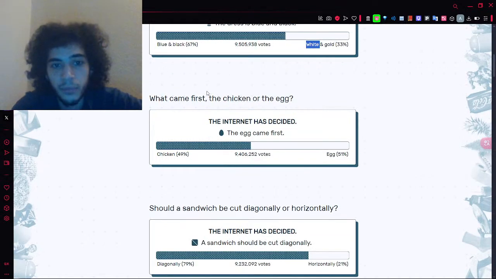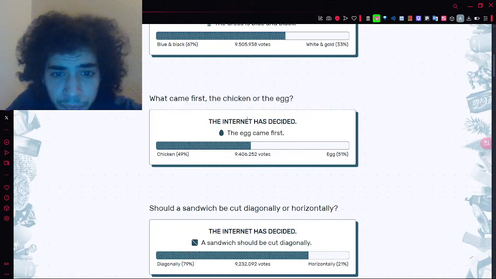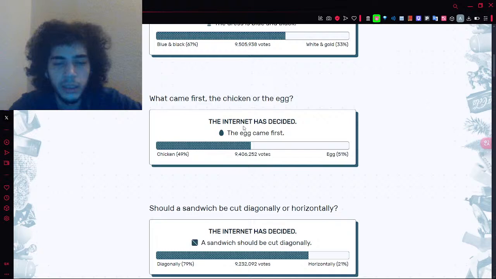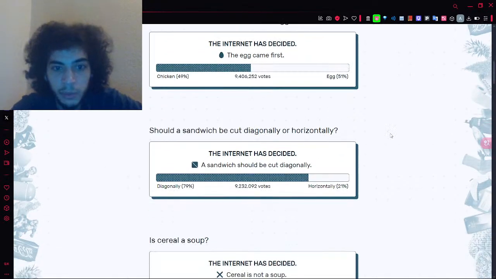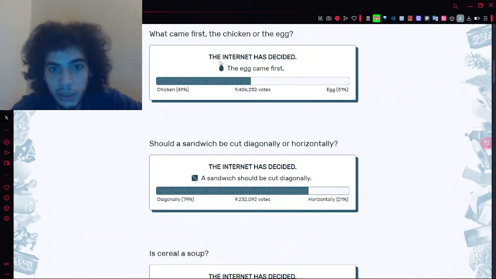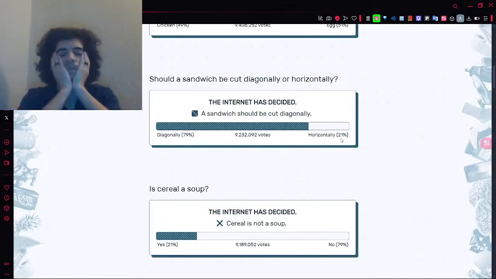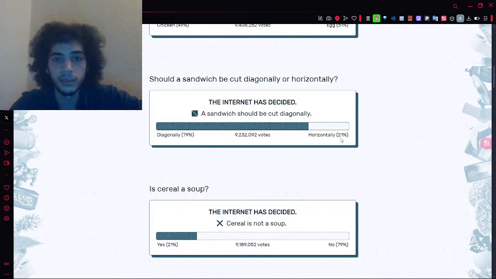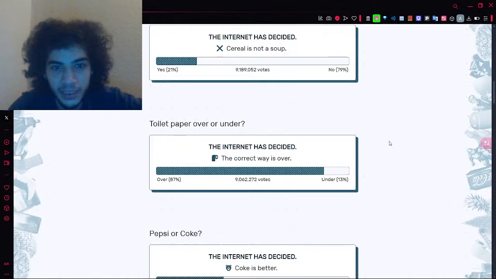Okay. What came first, the chicken or the egg? Um, the chicken, maybe? Should the sandwich be cut diagonally or horizontally? I'm not very sure. I need to think about this. Diagonally. The internet says cereal is not a soup. No, I agree. Cereal is not a soup.